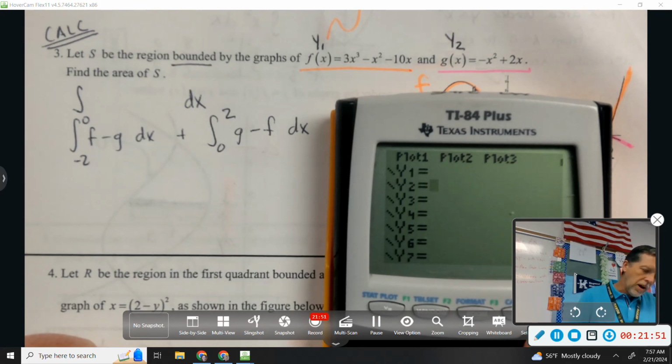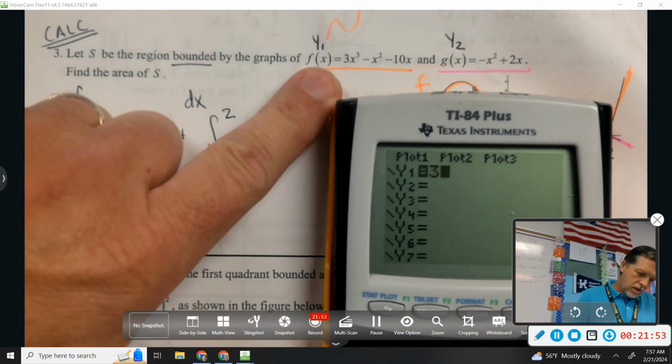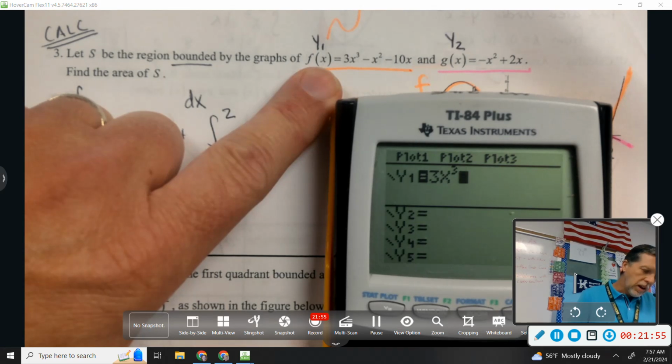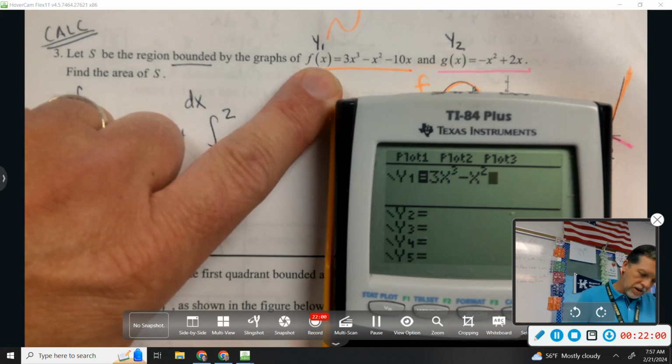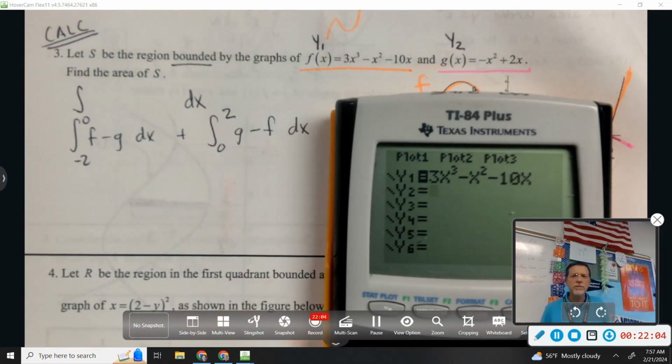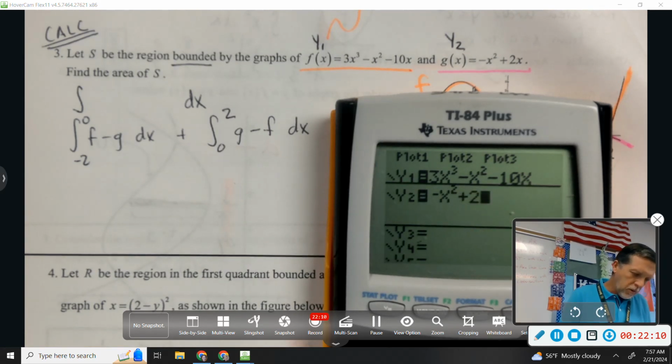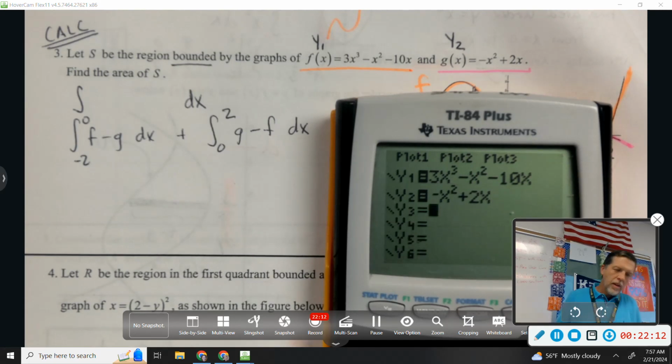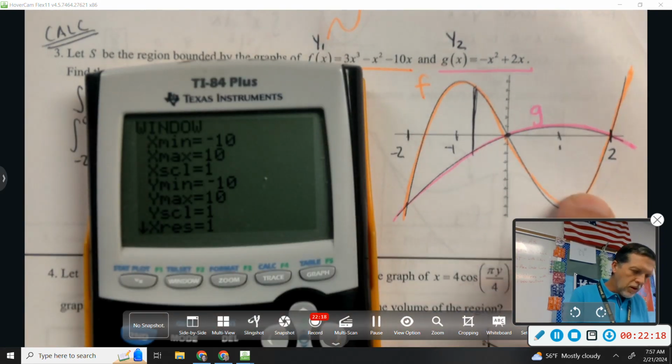So I'm going to make y1 3x cubed. Again, grab a calculator, do this with me so you make sure you know where all those buttons are. So there's y1, y2, negative x squared plus 2x. I suppose if I really wanted to make sure I was looking at a good problem, I could go to the window and graph it.